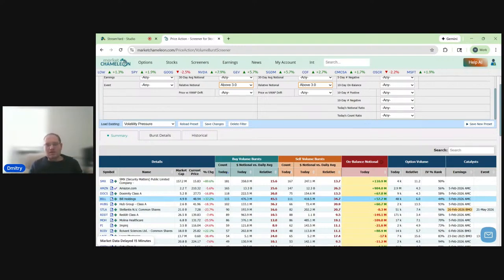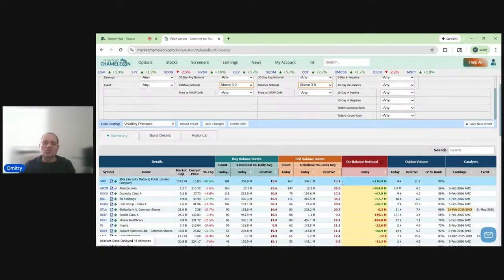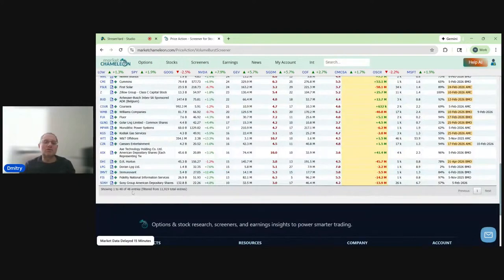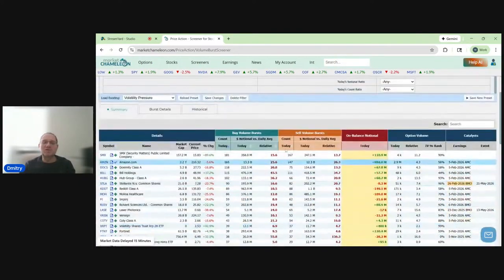So that could be another indicator of real volatility in the market, where large sums of institutional volume are moving around in that particular stock. So you can see here we had a lot of those from the previous day.